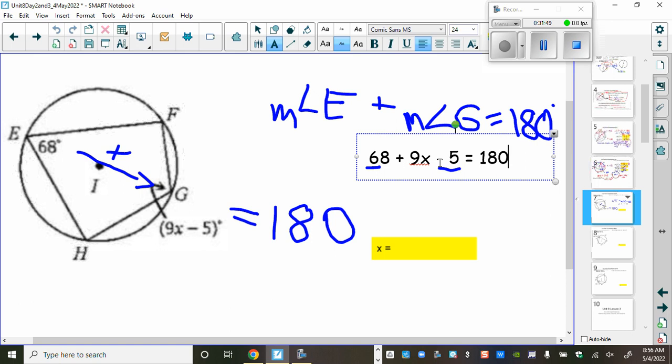Because they see the minus 5, they want to add it here and here. All you do is just combine. So really, 68 minus 5 right away gives us what? What's 68 minus 5? It's real simple. Subtract the two. What do you get? 63. So it's really 63 plus 9x equals 180. There you go. That's your setup.